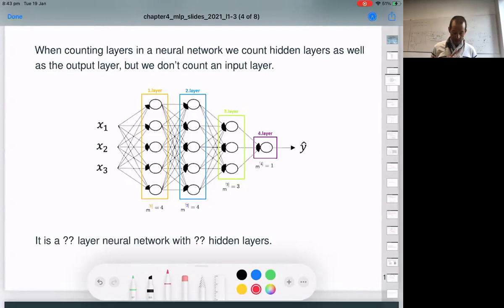In this example, the first matrix is this one. What is the dimension of my first matrix? I have 3 inputs and how many outputs? 1, 2, 3, 4, 5. So I don't remember if it is 3 by 5 or 5 by 3. Yep, 5 by 3.